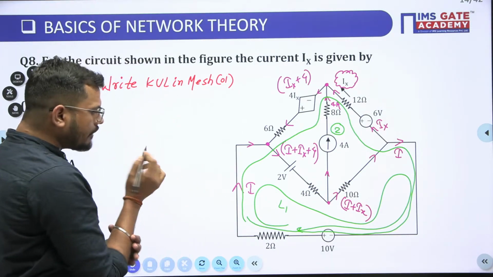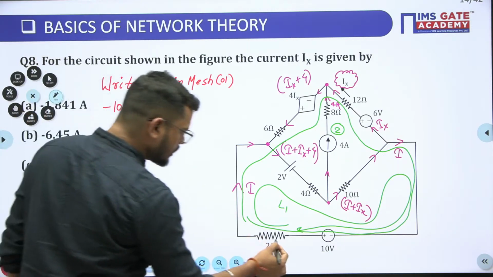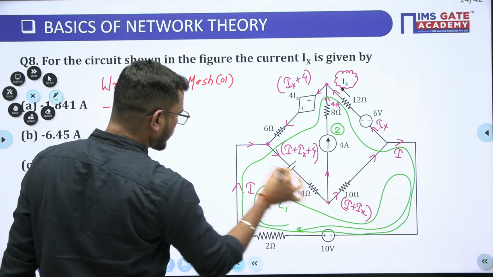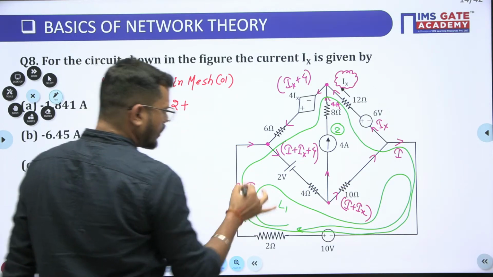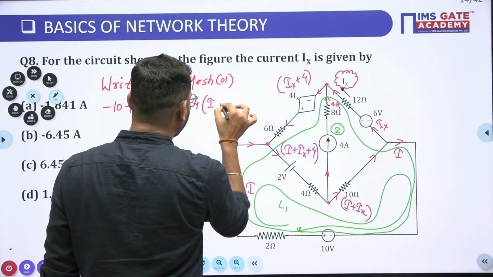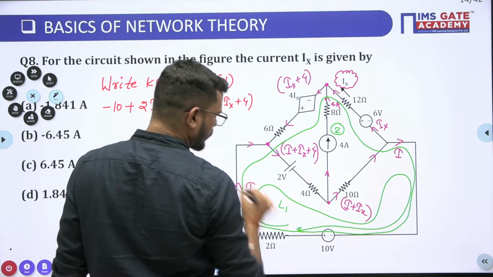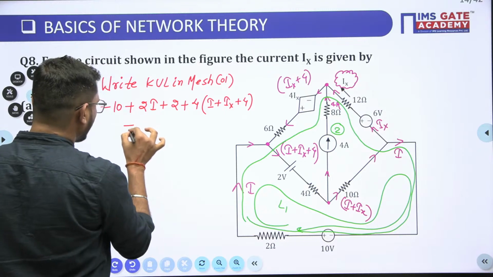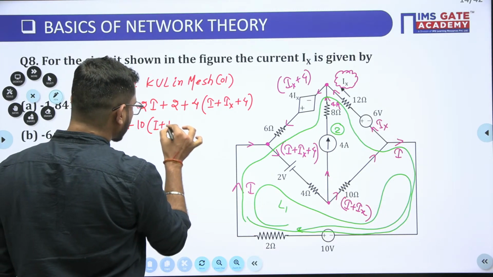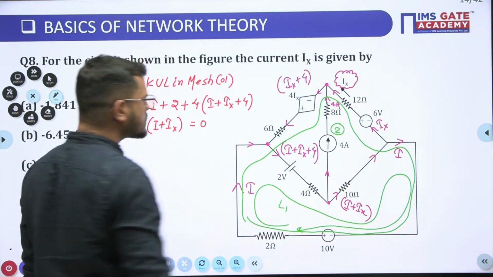What will be the value, guys? This is minus 10 plus 2 times I plus (2 plus 4) into (I plus Ix plus 4) plus 10 into (I plus Ix), and this is equal to 0.